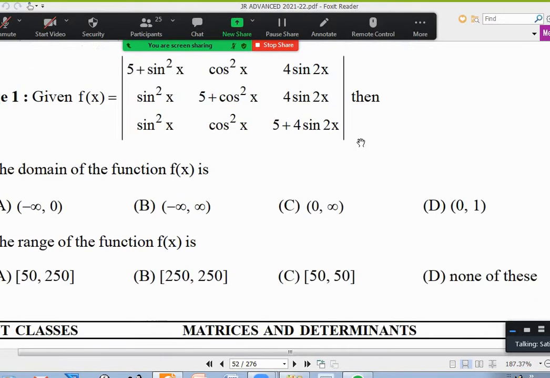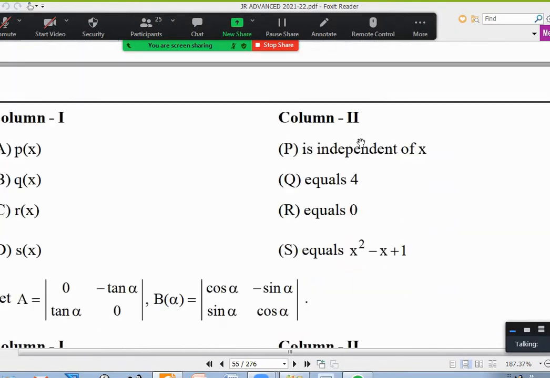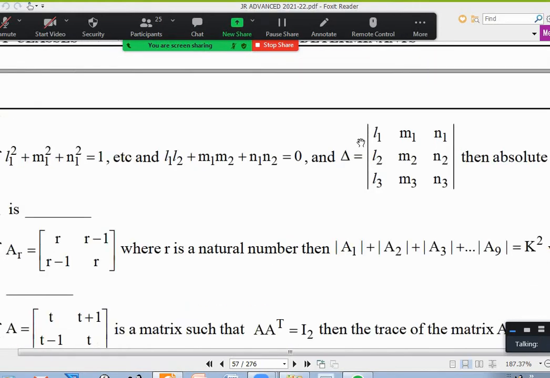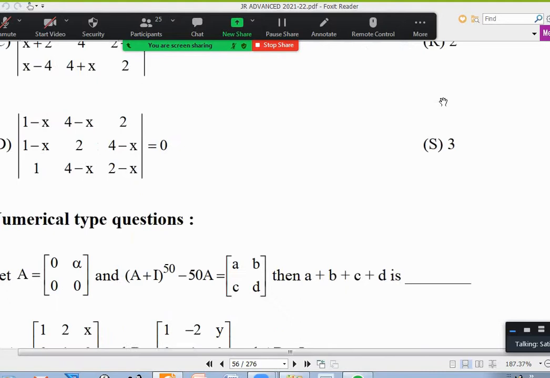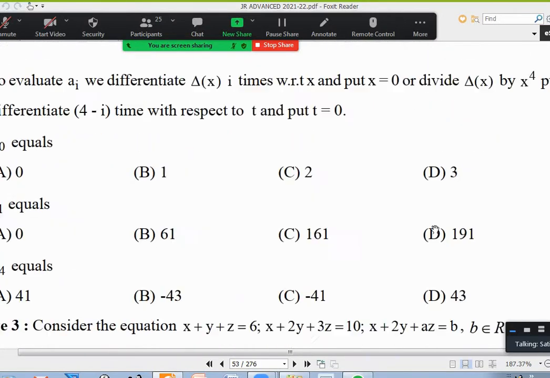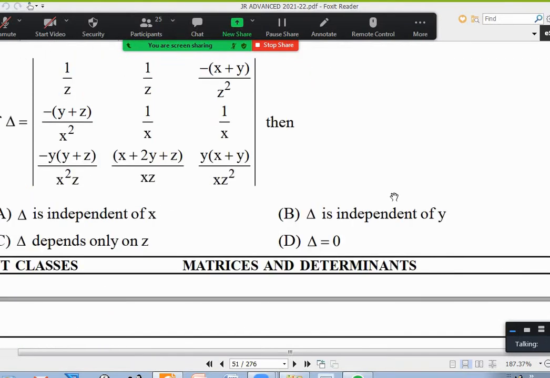Well, let me see, I just want to see the answer once. Sixth question, the answer is ABD. So delta is 0. I have to prove it. Okay.